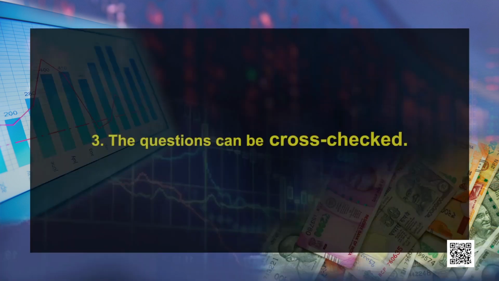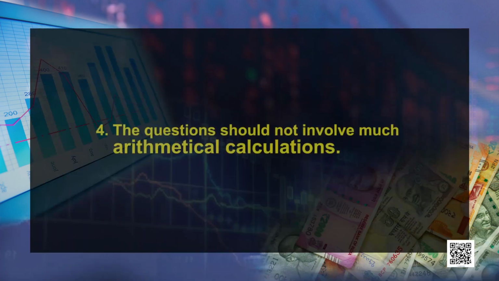Vague or ambiguous questions must be avoided, as they would provide inaccurate information. Number 3. The questions should be framed in such a way that they can be cross-checked with other questions in the questionnaire. Number 4. The questions should not involve much arithmetical calculation for the enumerator or the respondent.